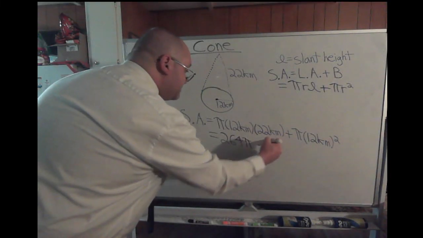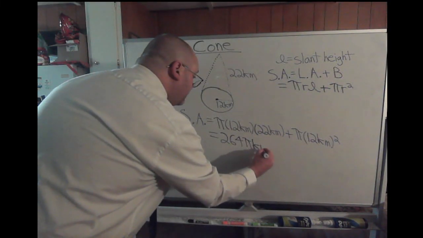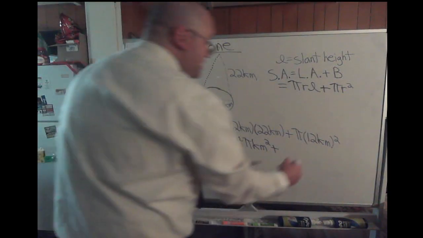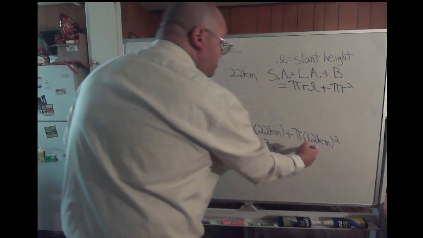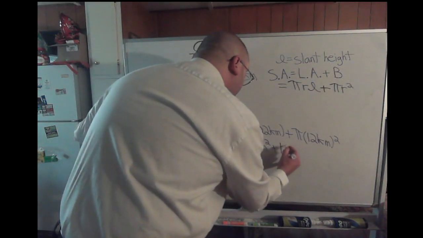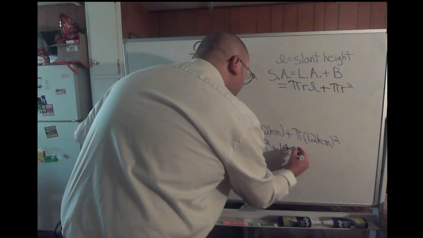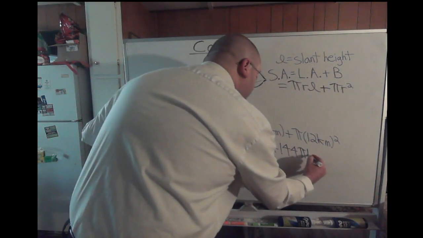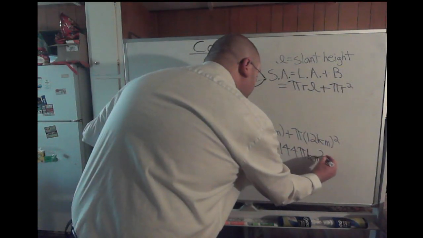Then kilometers times kilometers, that's square kilometers, plus I've got to do pi times 12 to the 2nd power, that'd be 144 pi. Kilometers to the 2nd power is square kilometers.